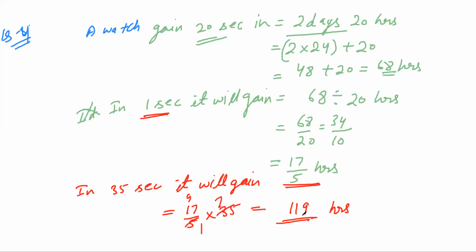But if we change 119 hours into days and hours, we have to divide 119 by 24. So divide 119 by 24. You will get 4 here and 96.